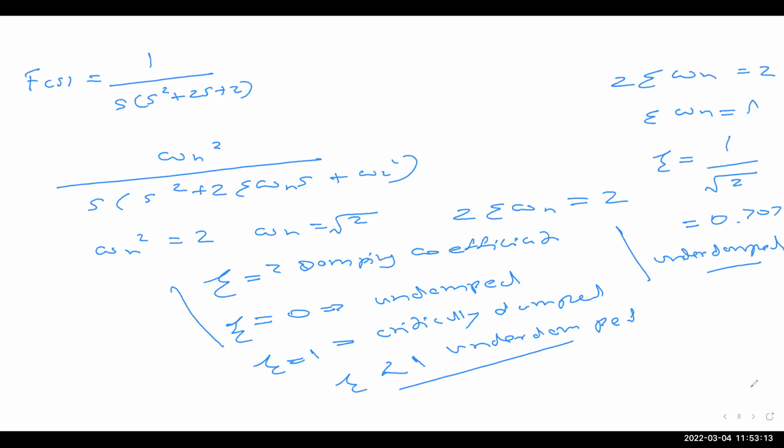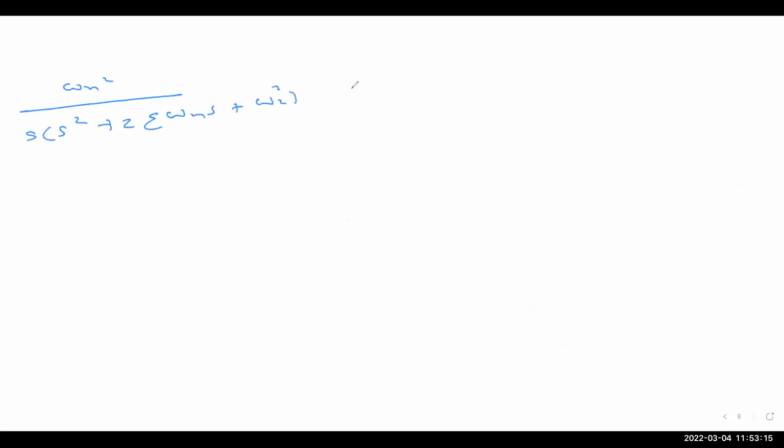Okay. So we have a system here. So omega n squared is equal to 2, omega n square root 2, and this part.